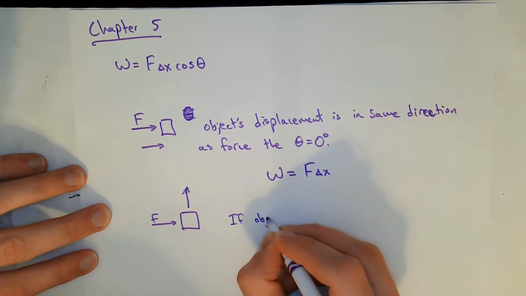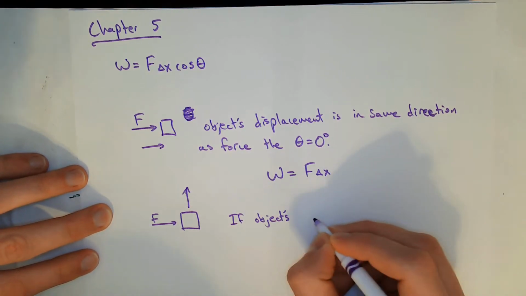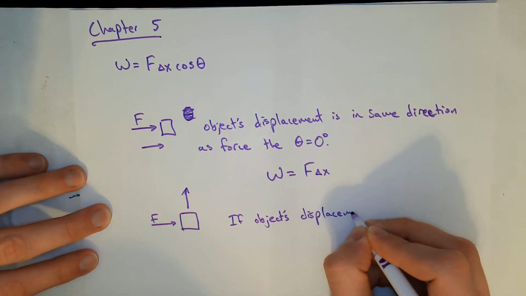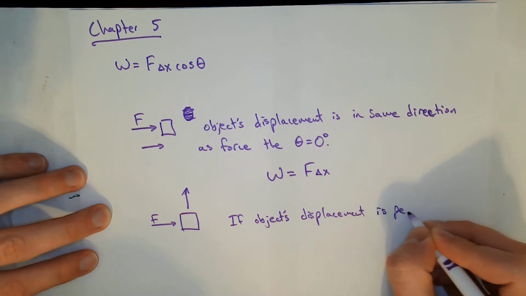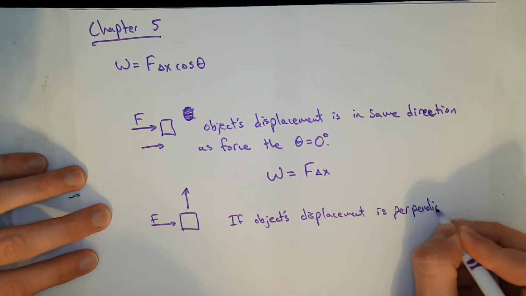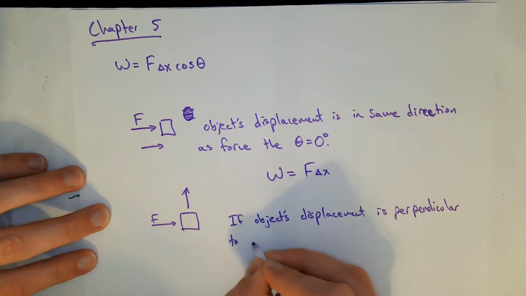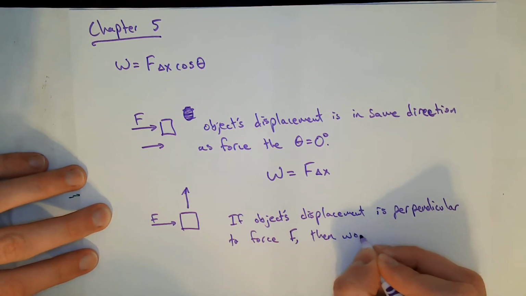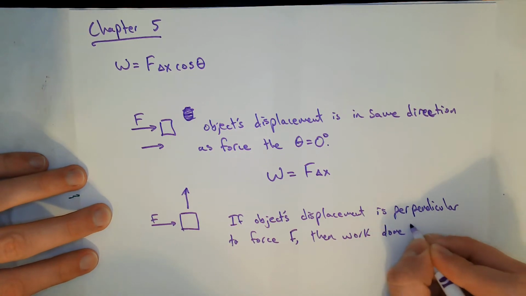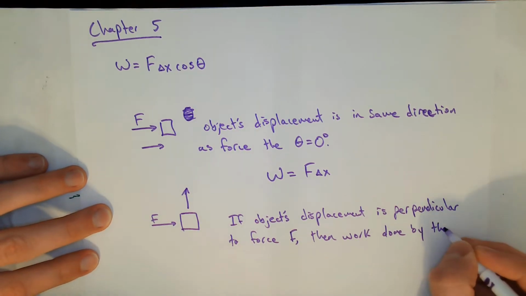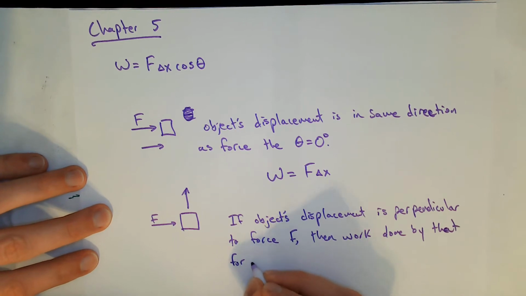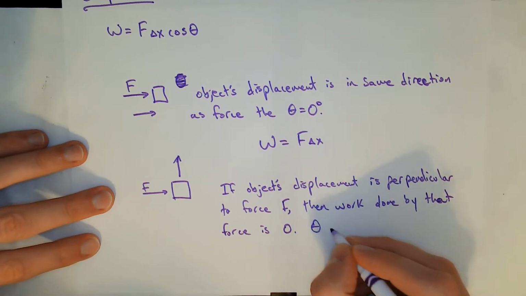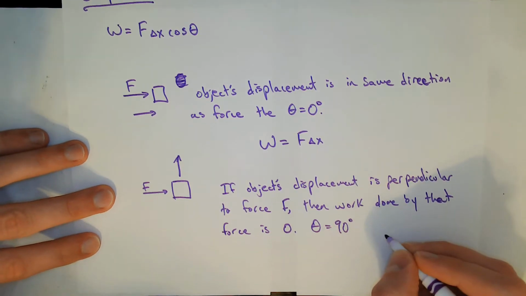If the object's displacement is perpendicular to a given force, then the work done by that force is 0. Why? Because here theta is equal to 90 degrees and cosine of 90 is 0.